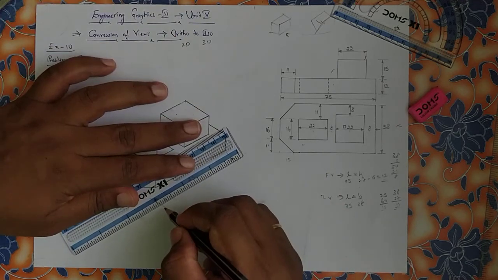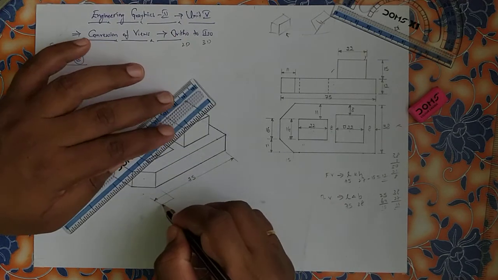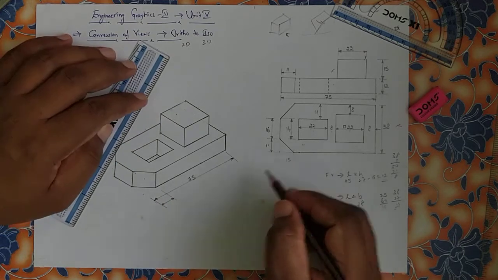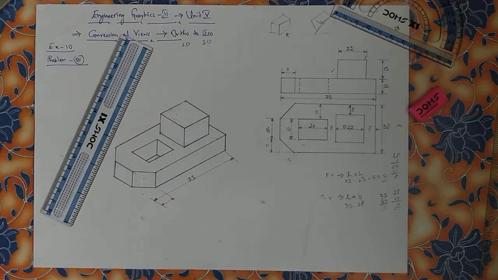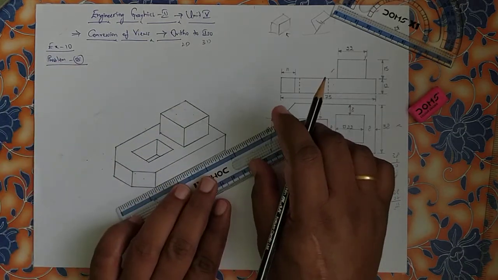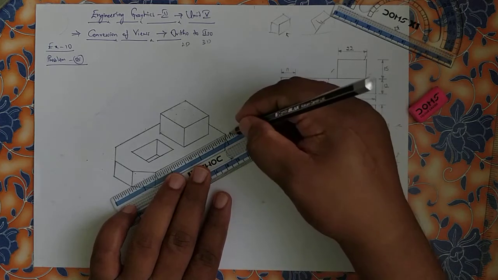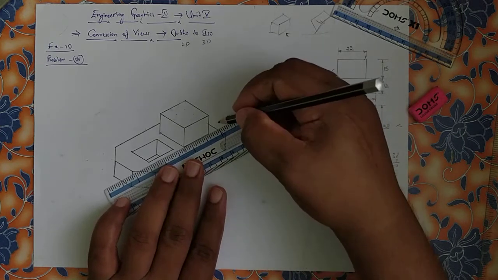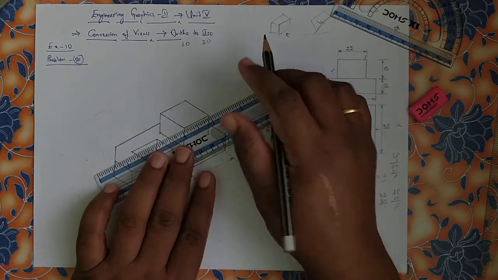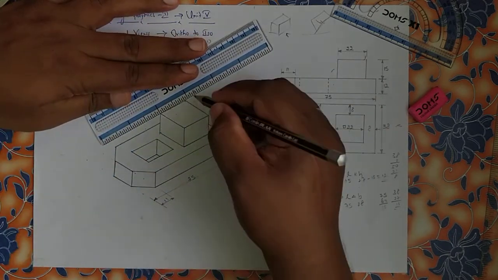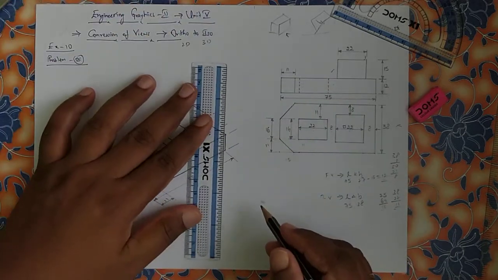In that I have to show this separately towards inside. Say it's 11. Height, if you are supposed to show, see, there is no rule that you have to show each and every dimension, but try to show as many dimensions as possible for clarity.